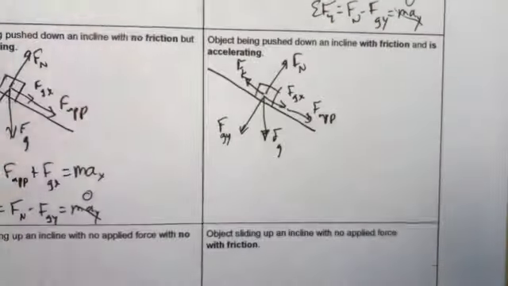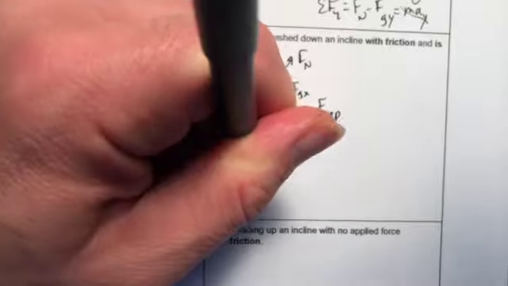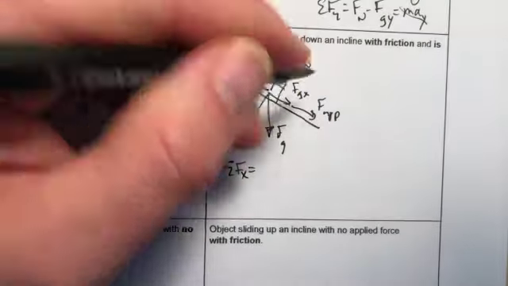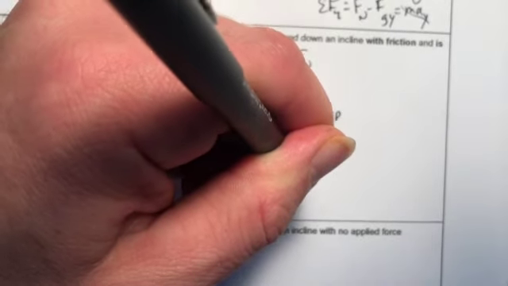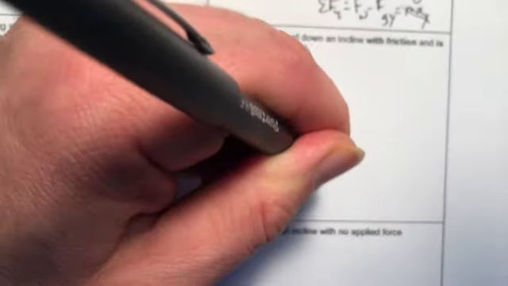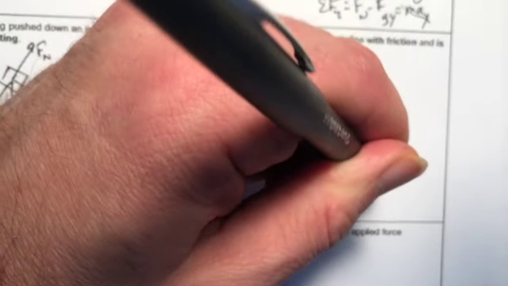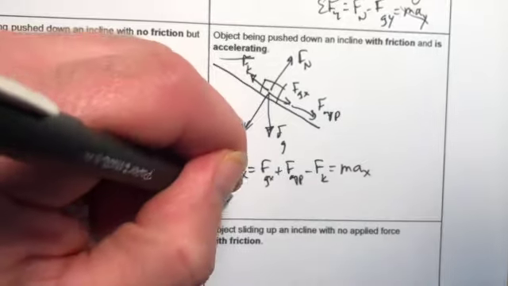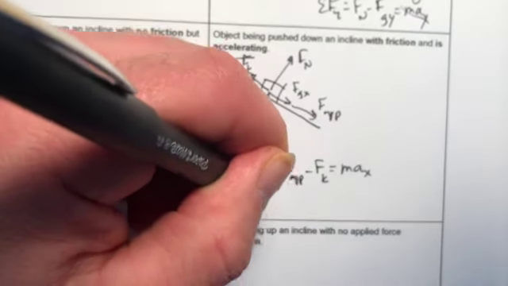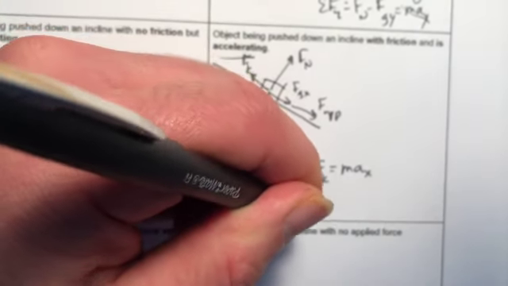So, I'm getting a little wavy with my handwriting here. All right, so in Fx, we have Fgx plus F applied minus Fk equals max. There is acceleration, so we can't cancel that out. In the y direction, we have what we always have.